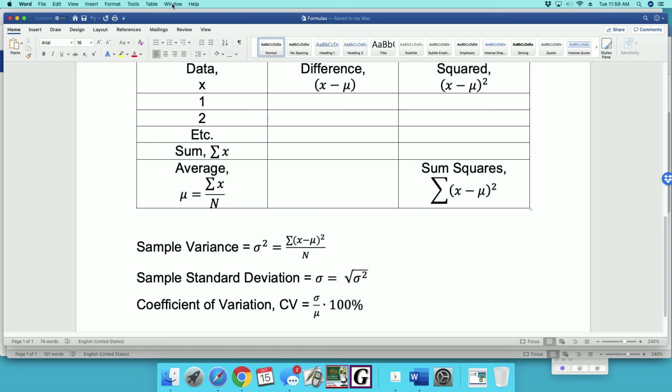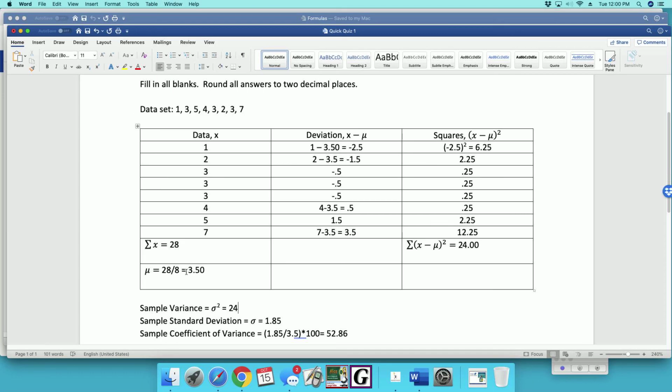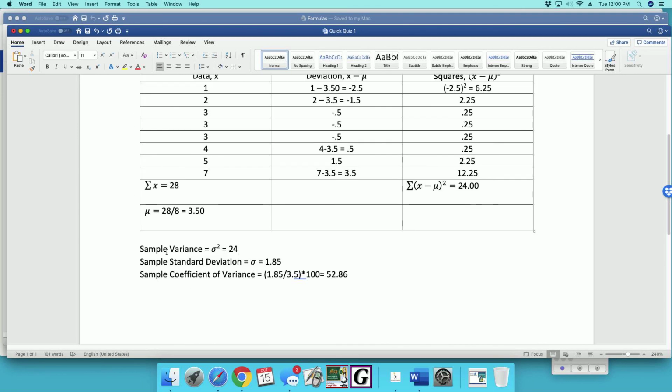Let's go back to the example. So now this is not sample, this is population, because we're dealing with mu now.